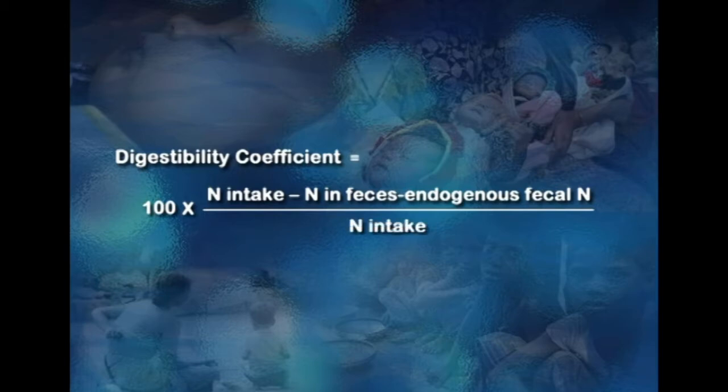In digestibility coefficient, we take the nitrogen intake minus the nitrogen that is lost in feces and the endogenous fecal nitrogen, divided by the nitrogen intake. Now, even in an absolutely protein-free diet, there is some amount of nitrogen that is lost from the body, and that is called the endogenous fecal nitrogen.